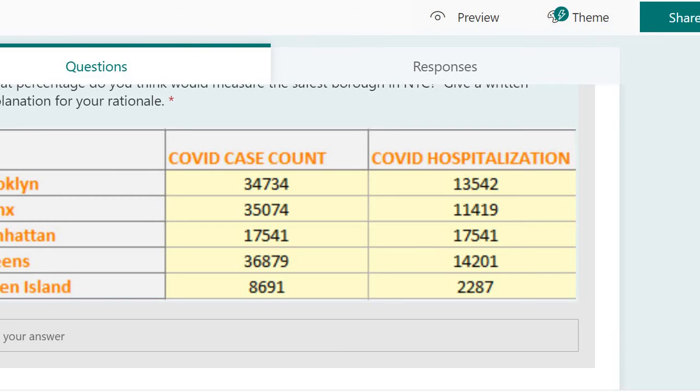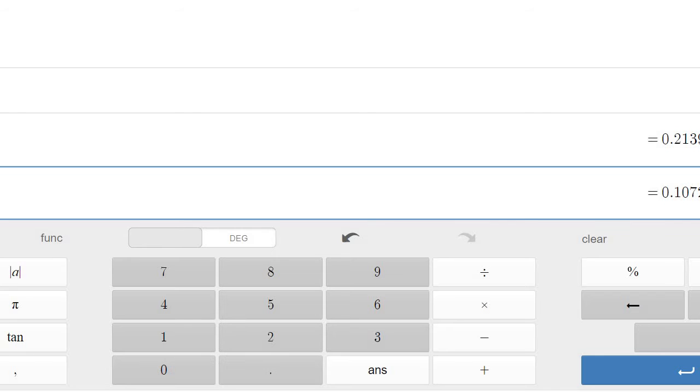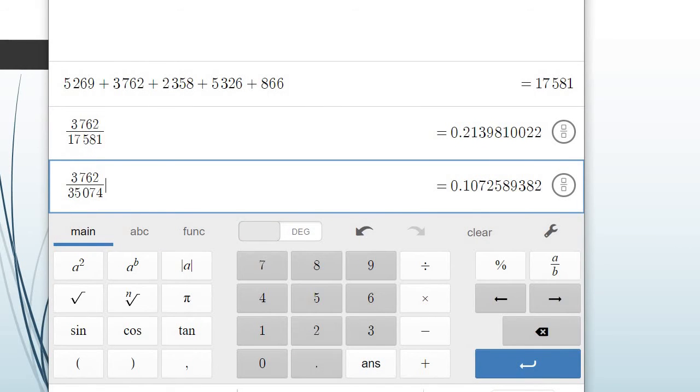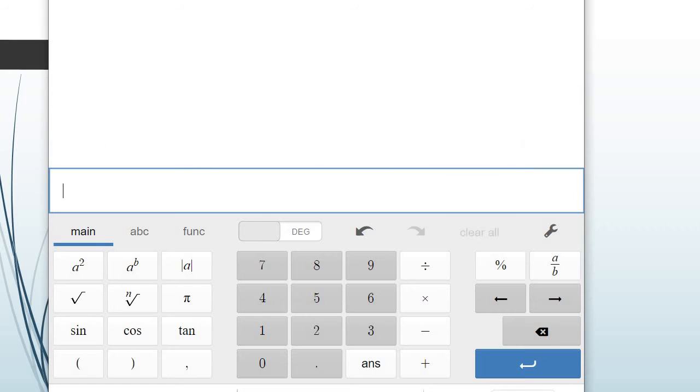So we're going to jump on to our calculator, so you guys can see, clear it.